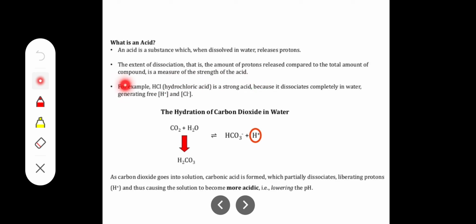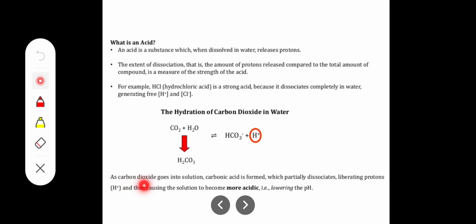For example, HCl, hydrochloric acid, is a strong acid because it dissociates completely in water, generating free hydrogen and free chloride ions, right? Similarly, the hydration of carbon dioxide in water: CO2 plus H2O gives H2CO3, which gives HCO3 minus plus H plus. That indicates the dissociation.